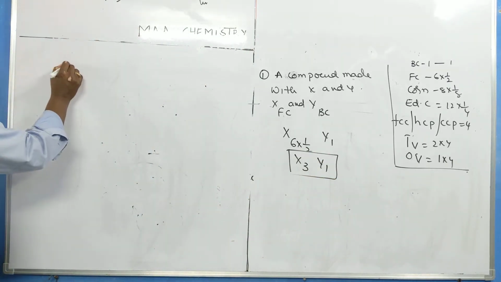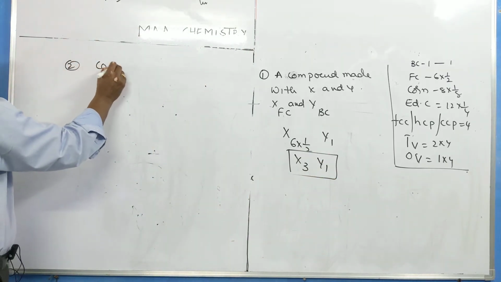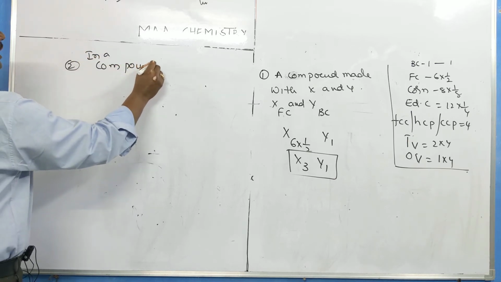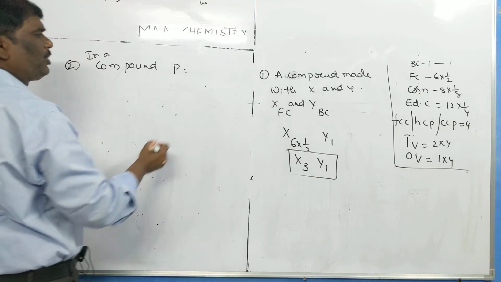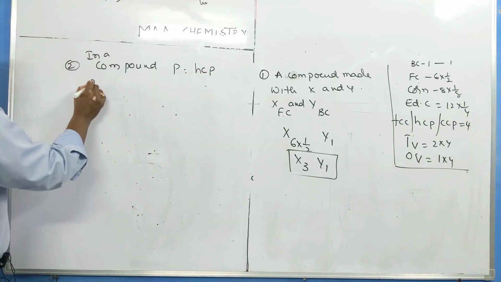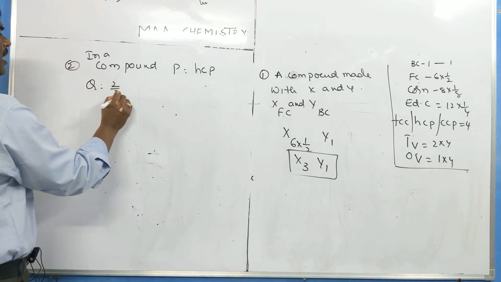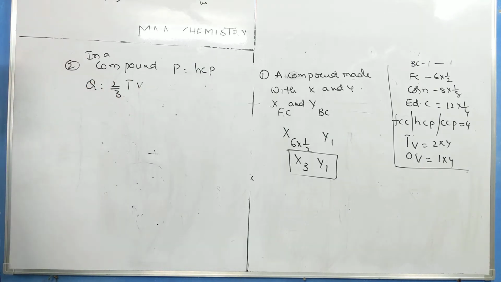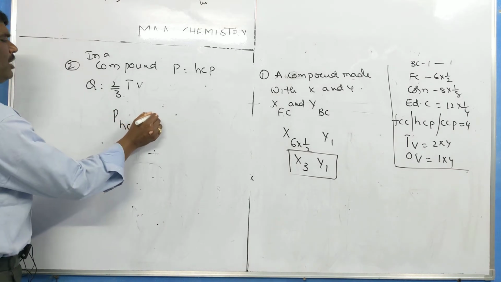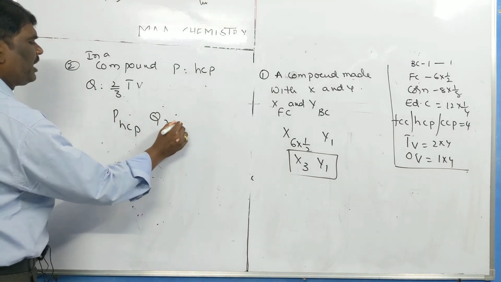Second problem: a compound in which P occupies HCP arrangement and Q occupies 2/3 of tetrahedral voids. Now what is the formula? HCP, and Q is occupying 2/3 of TV.